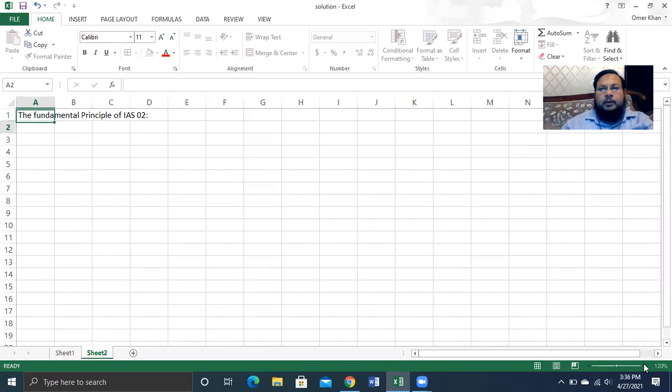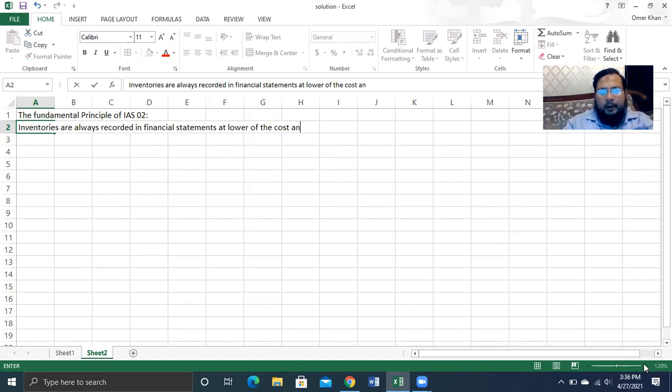Students, remember that the fundamental principle of IAS 2 states that inventories are always recorded in the financial statements at the lower of the cost and net realizable value.